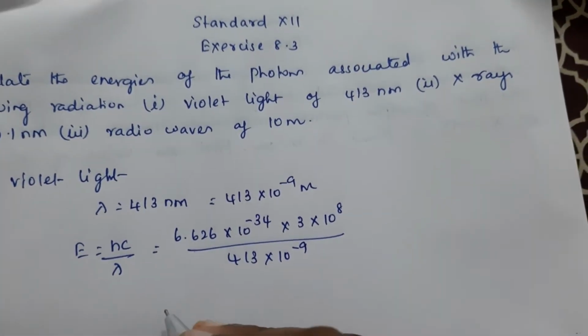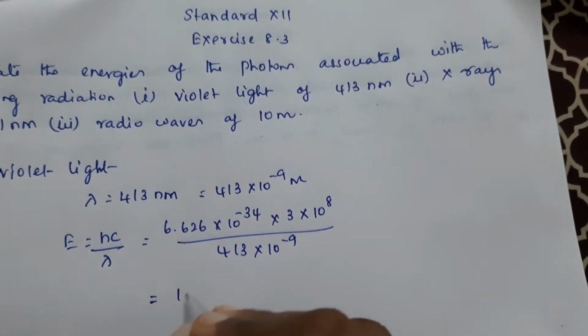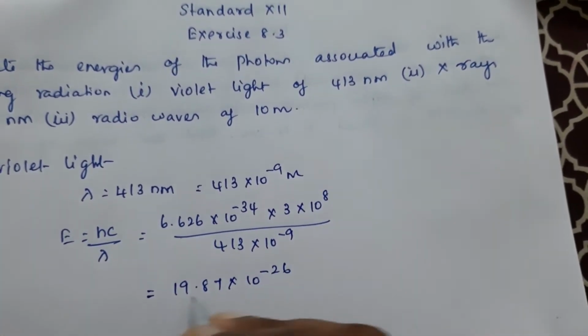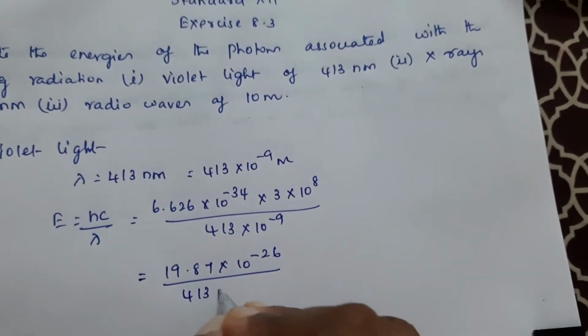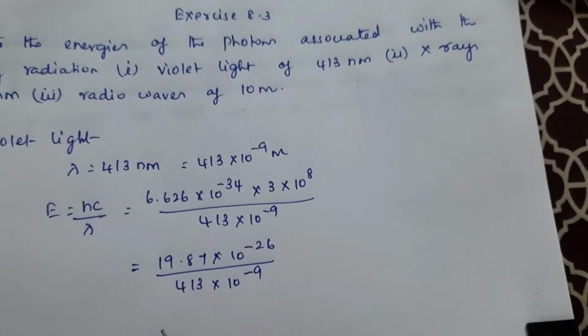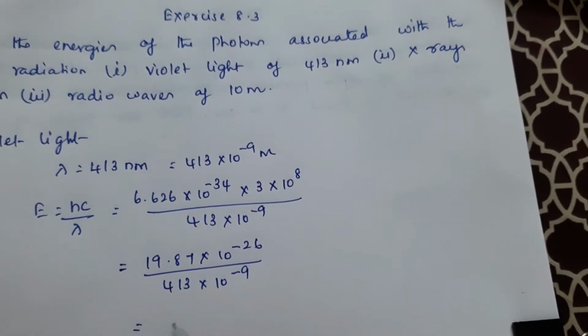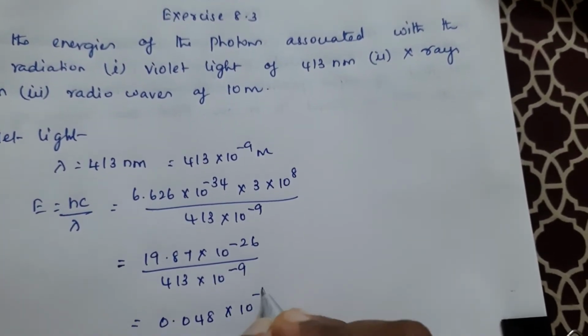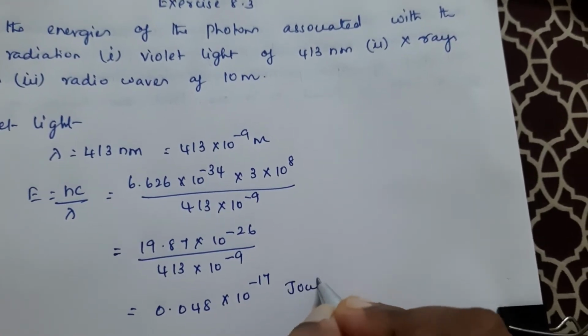Okay. So if you multiply this, you will be getting 19.87 into 10 raised to minus 26 divided by 413 into 10 raised to minus 9. So you will be getting it as 0.048 into 10 raised to minus 17 joules.